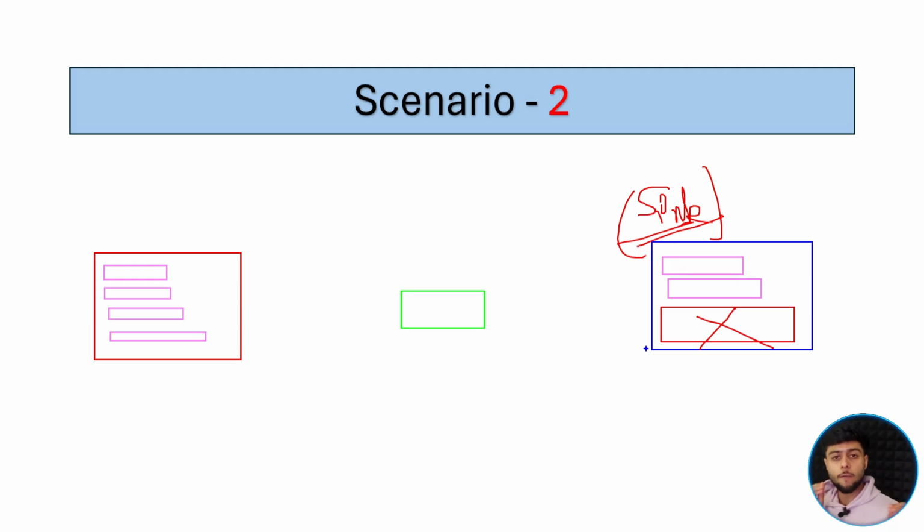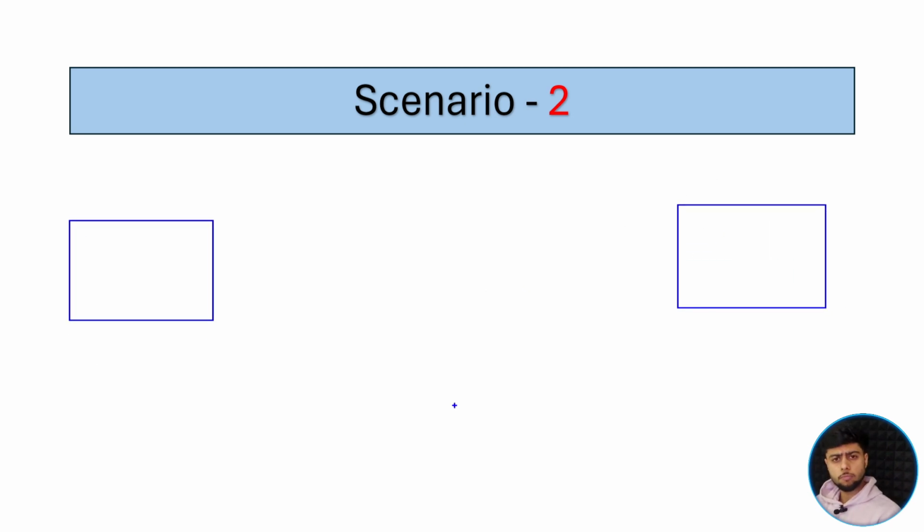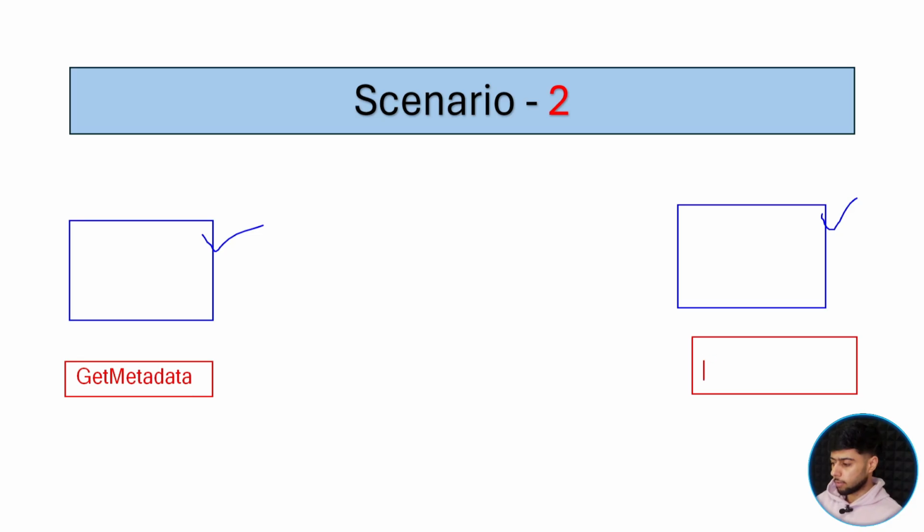So bro, if you have understood the previous scenario, this scenario should be very clear to you, and you would have already created something in your mind. So let me just tell you how you want to proceed with it. We know that we have a source and we have a sink folder. We will simply perform something called a get metadata activity on the source side and on the sink side as well, right?